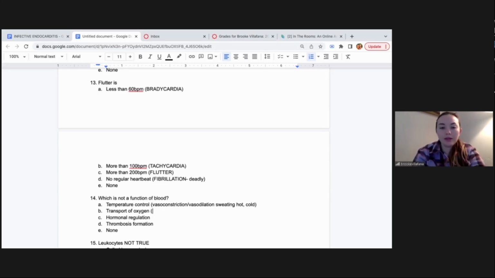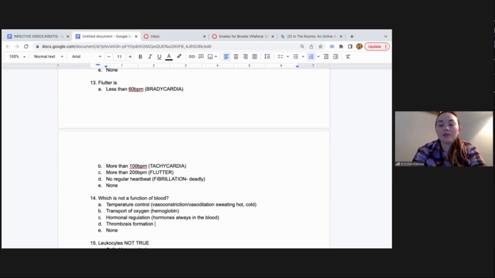We talked about that a little bit. It transports oxygen on hemoglobin. It does function to help with hormonal regulation because hormones always travel in the blood.